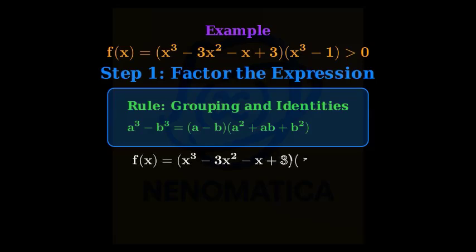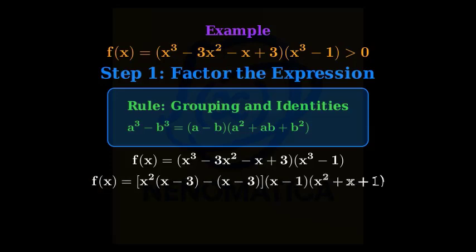Start with f of x equals (x cubed minus 3x squared minus x plus 3) times (x cubed minus 1). Group the first factor: [x squared times (x minus 3) minus (x minus 3)] times (x minus 1) times (x squared plus x plus 1).